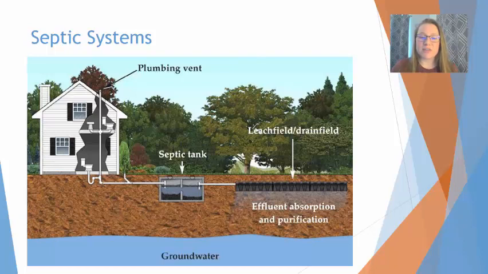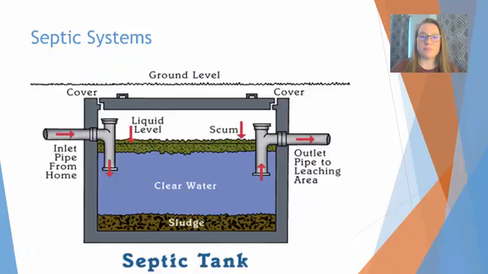There's a few baffles in there to prevent the waste from moving very quickly through the tank, and then at the other end of the tank is a leach field. Now a leach field is a series of pipes that allows that treated water to slowly filter out into the soil and back into the environment.